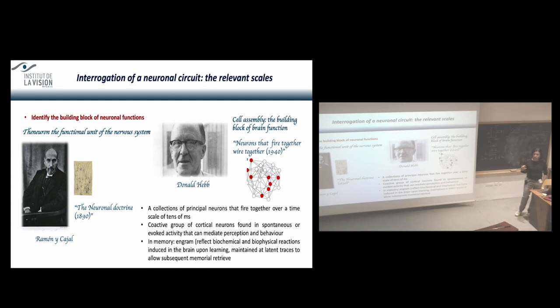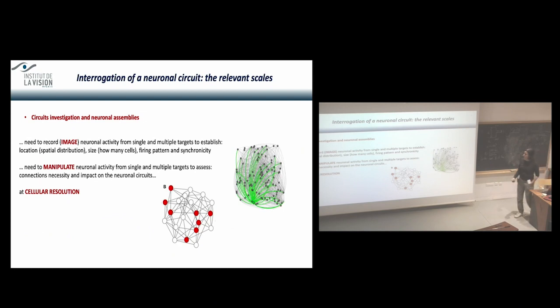And so what does it mean practically? It's not enough to look at one cell at a time, but if we want to catch the importance of the cell assembly, we need to be able to look at a larger neuronal population. So what do we need to study those cell assemblies? First of all, we have to find them. To find them means that we need to be able to record the activity of multiple cells, so that among those cells you can find if some of them have a synchronous activity.